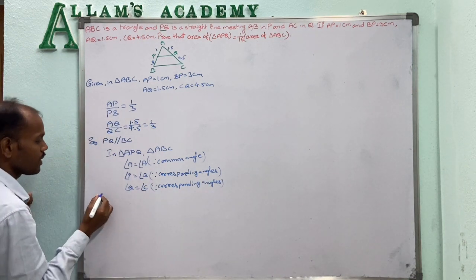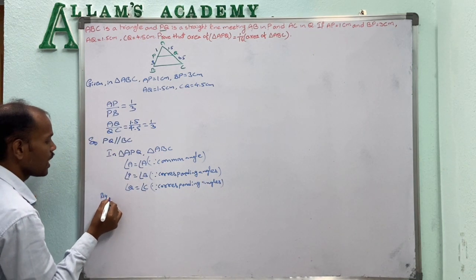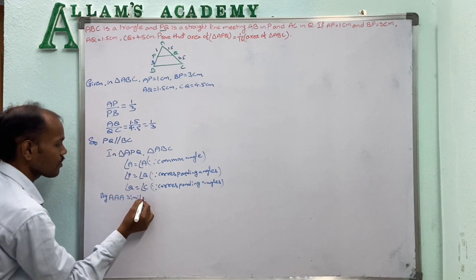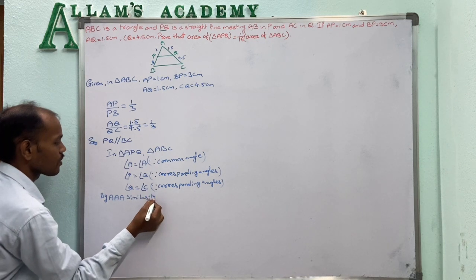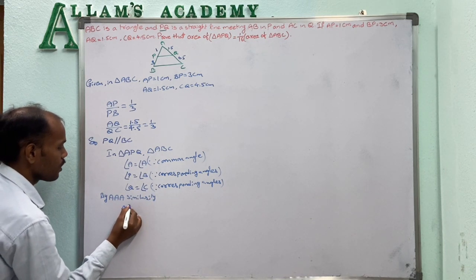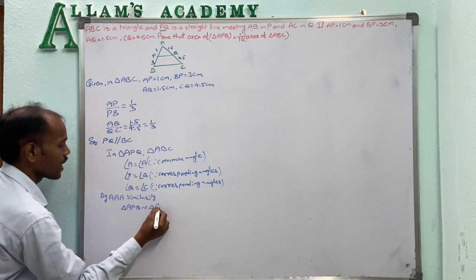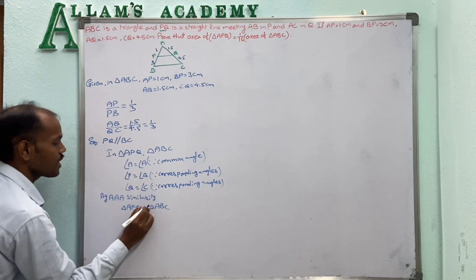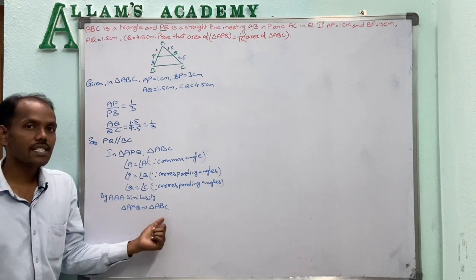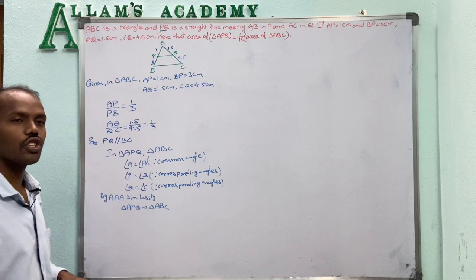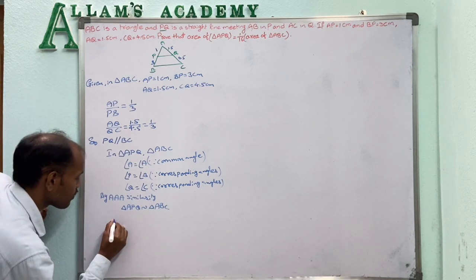So by AAA similarity, triangle APQ is similar to triangle ABC.